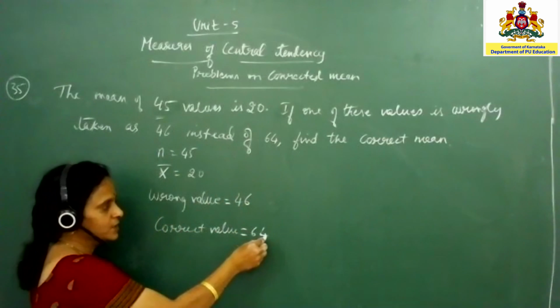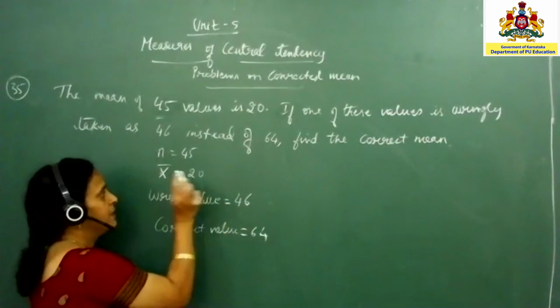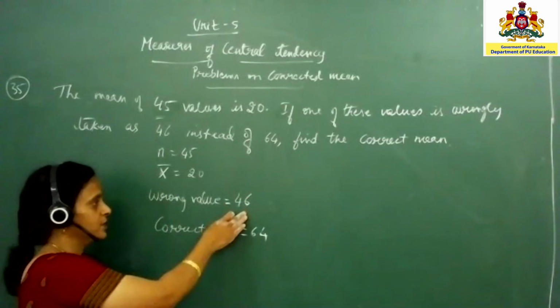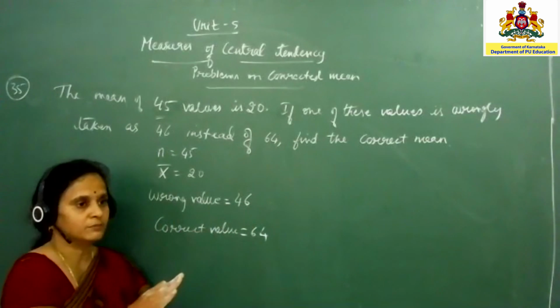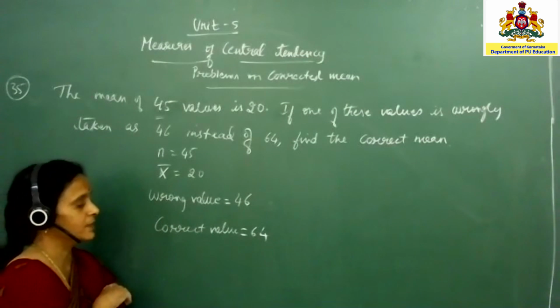Instead of 64, I am taking 46, and if I work out the problem, I get the mean value as 20, which is wrong because I have taken the wrong entry instead of the correct entry. So I should work out some method and try to get the correct one.